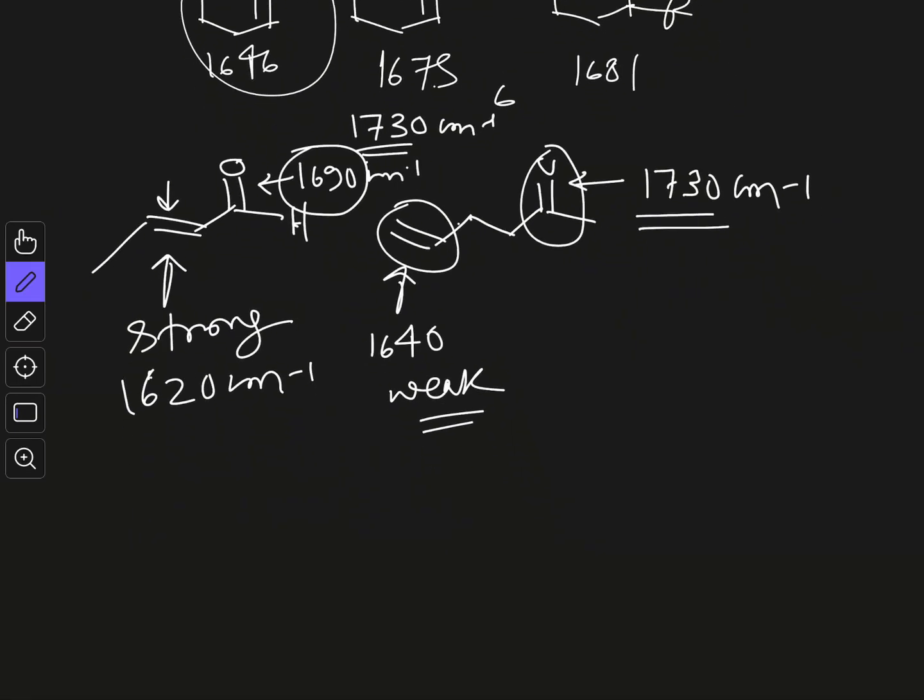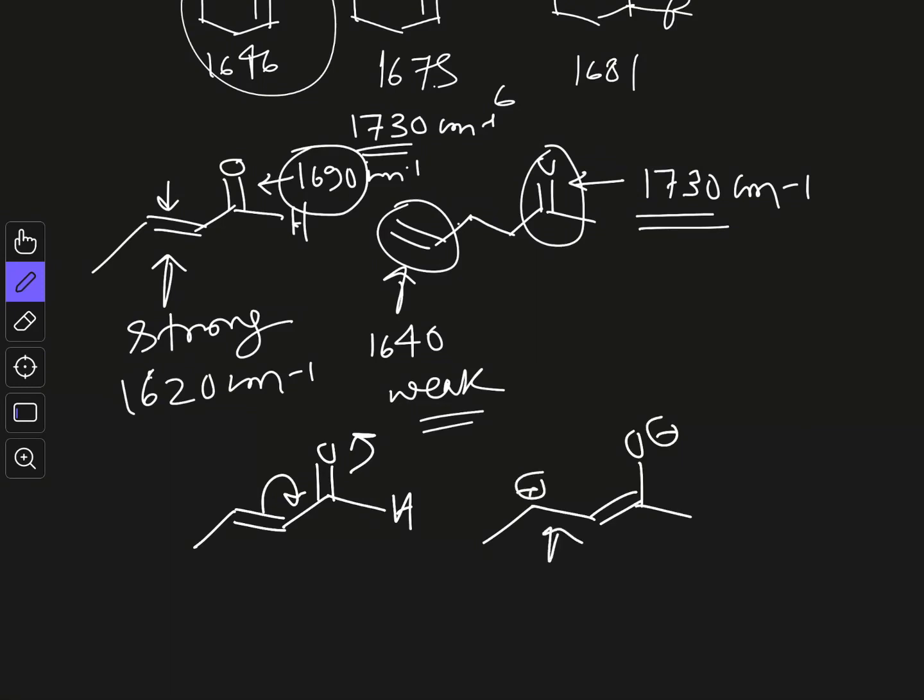Why? Because you will have this conjugation, which reduces the double bond character of both bonds. With the resonance hybrid we can show that this reduces the double bond character of both the CC bond and the CO bond, and that's why both show a decrease in the stretching frequency value.